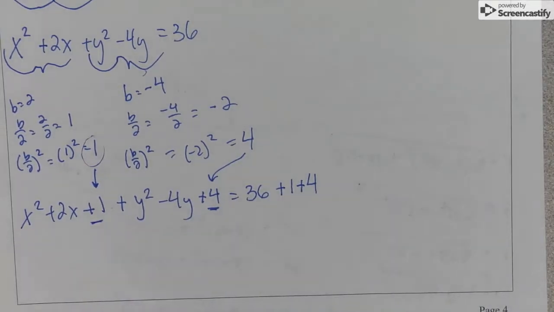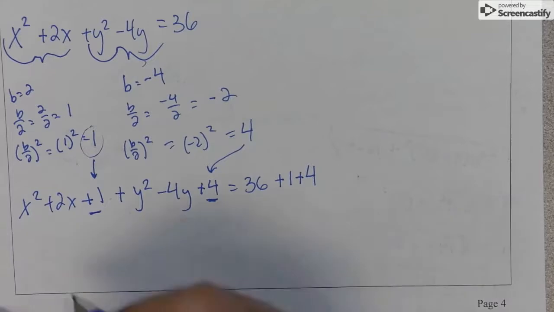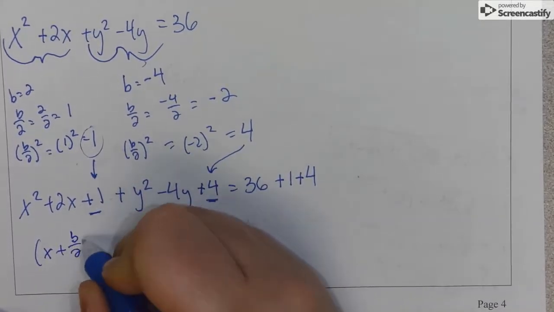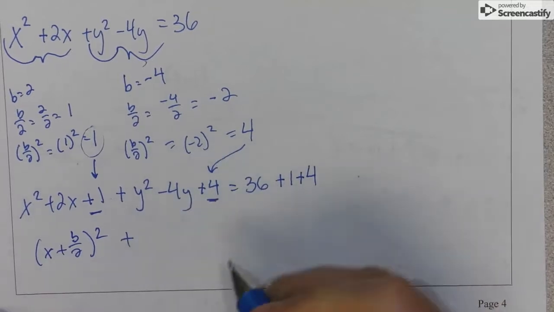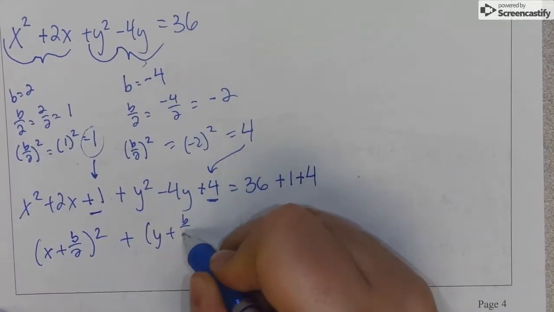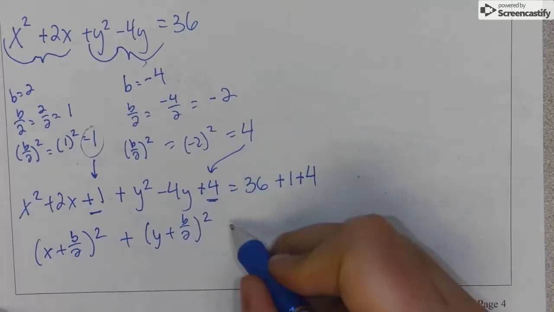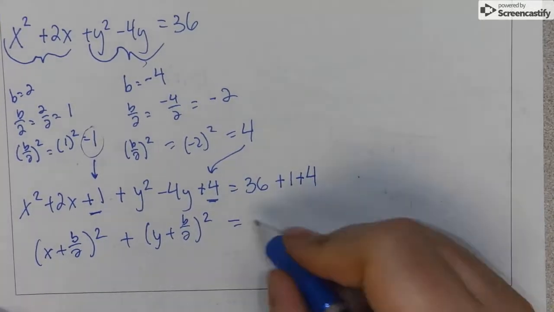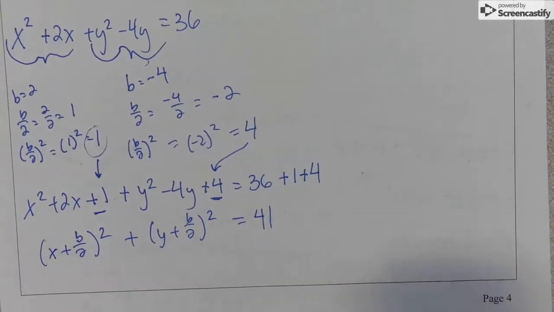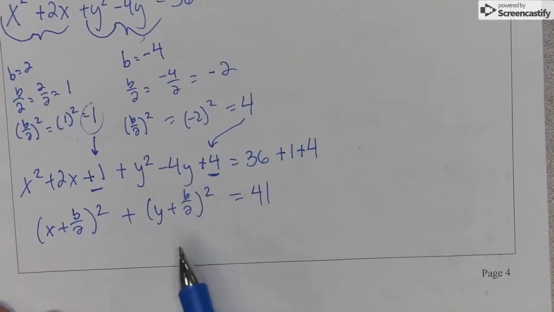So the quick method to factoring this that we discussed in class is x plus b divided by 2 quantity squared plus, in this case, y plus b divided by 2 squared. And that equals 36 plus 5, which gives you 41. And we're just going to plug in our b values here.